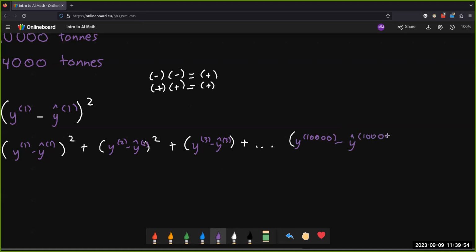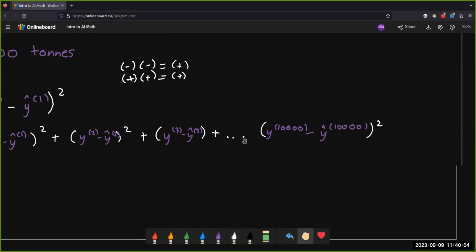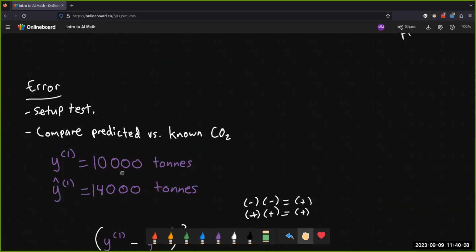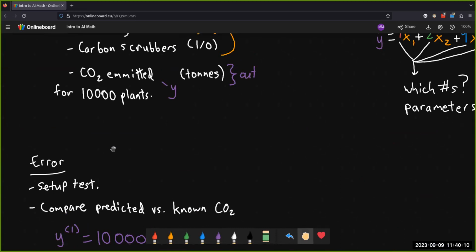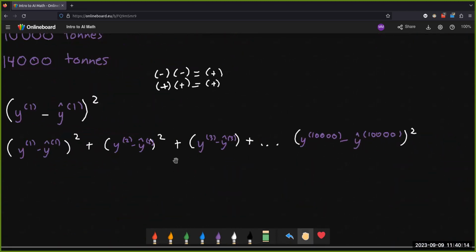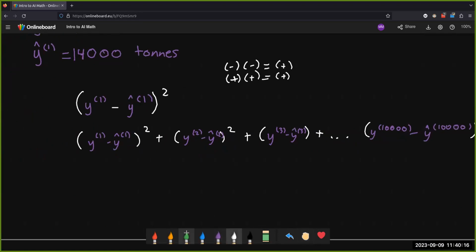Because this is very annoying to write out, mathematicians have a shorthand notation for this. This big long sum of terms like this for every single power plant that we know about, from the first one to the 10,000th, we can write in this thing called sigma notation. It means the exact same thing.